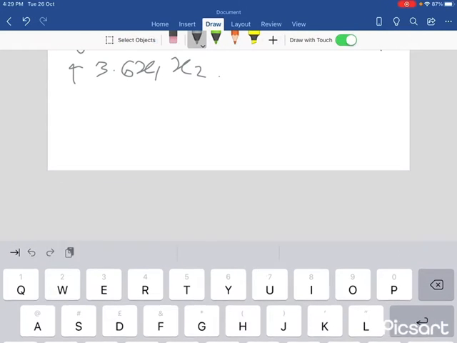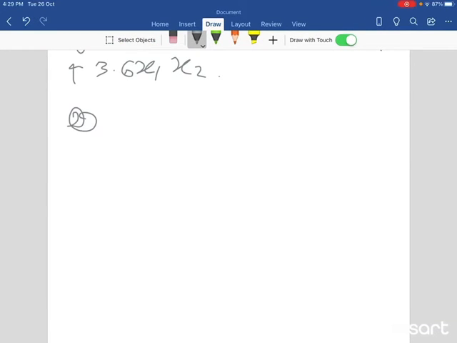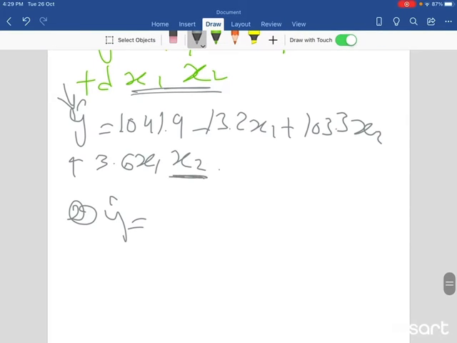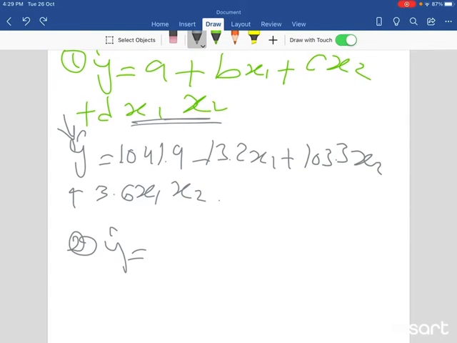For 2 you write y hat, the equation we wrote above just now. You can find it here. You substitute x2 with what? You write 10. Here will be 10, here will be 10.